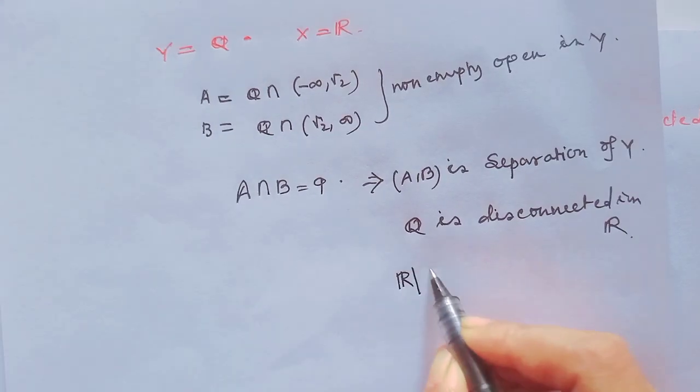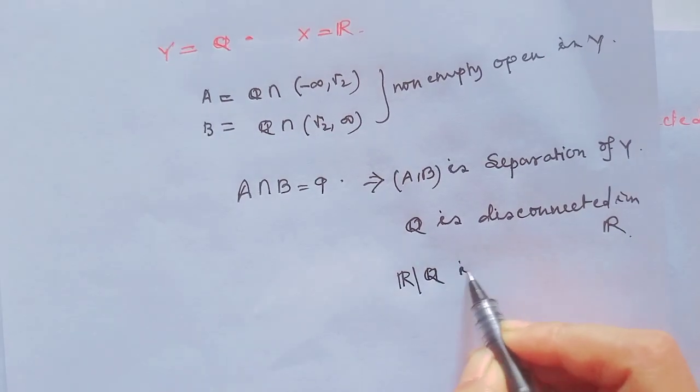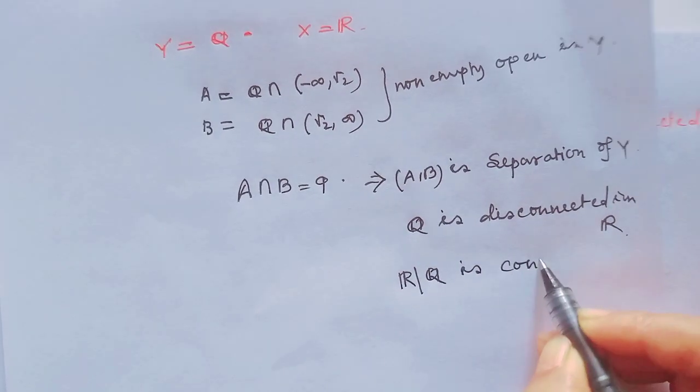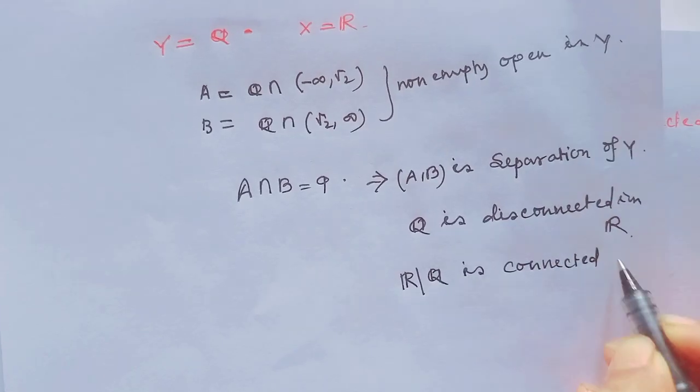Similarly, R intersection Q is not connected in R.